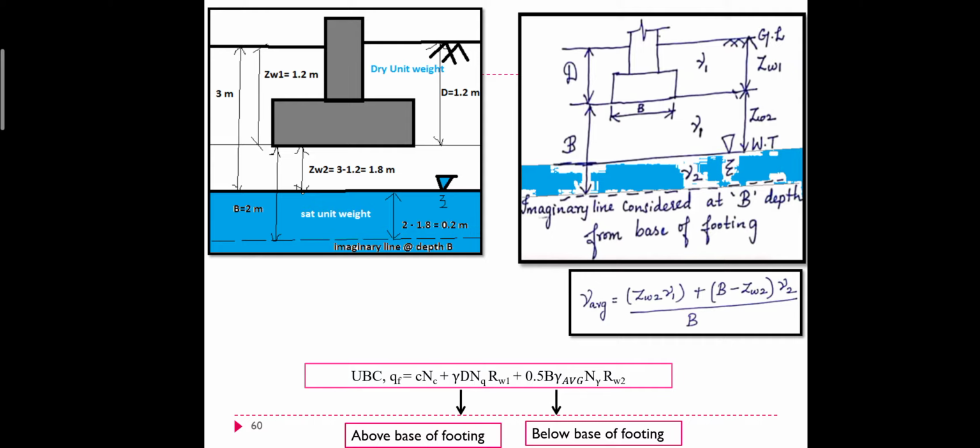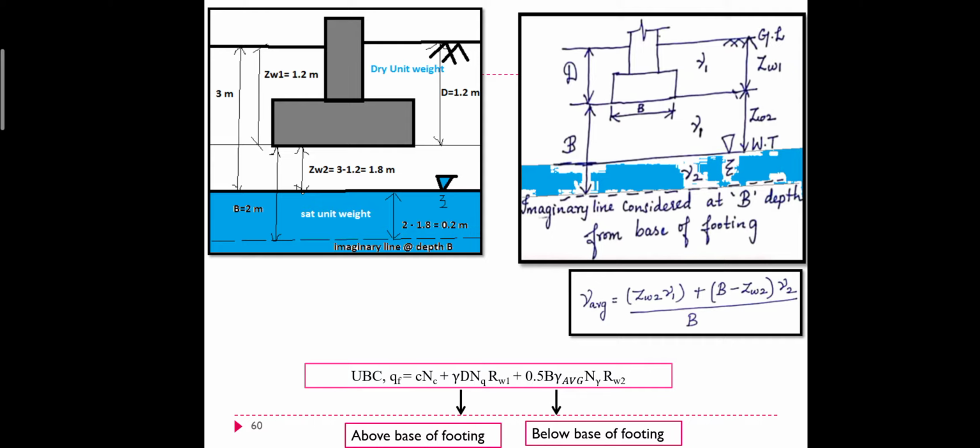I have shown the imaginary dotted line in this picture. That depth is B, the width, 2 meter.